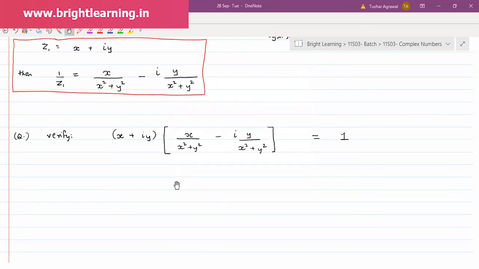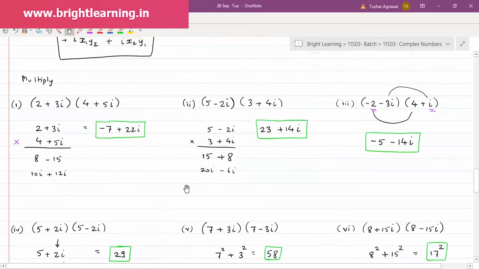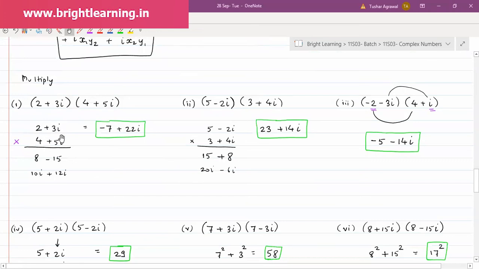Okay. Pujita, how did we do the earlier multiplication, sir? With 2 plus 3i and 4 plus 5i, we just wrote in the vertical format.